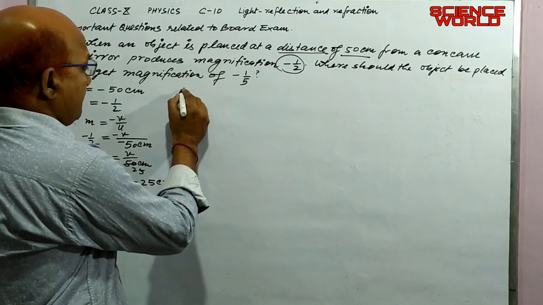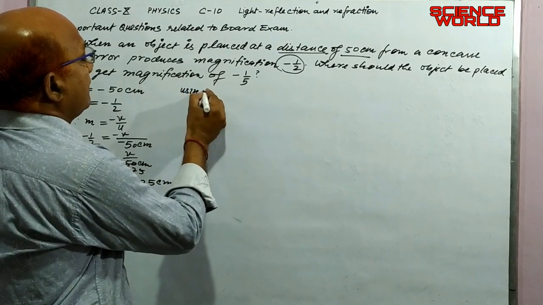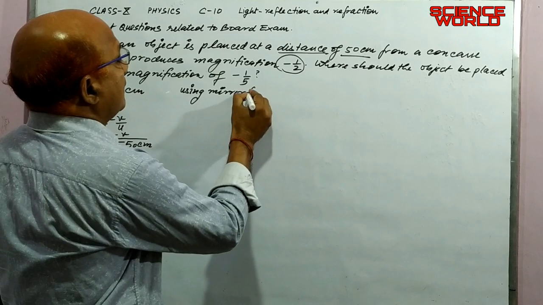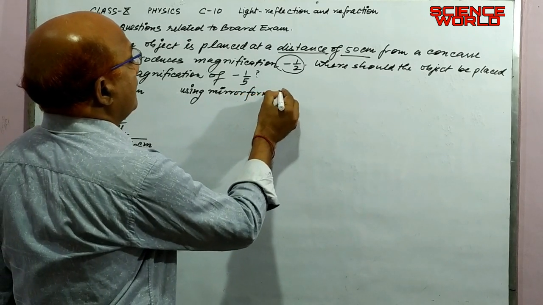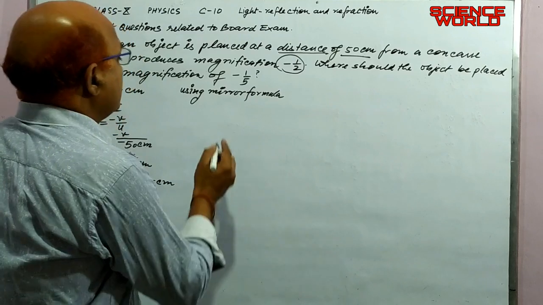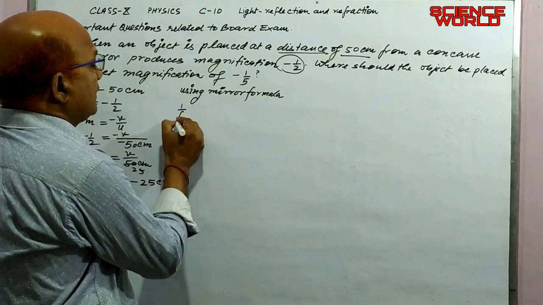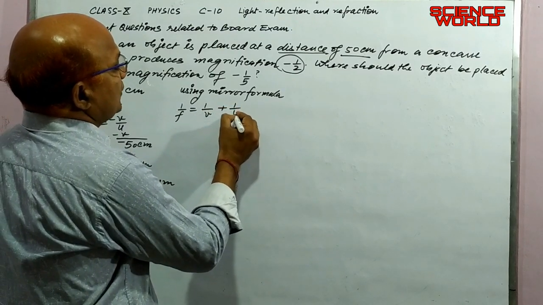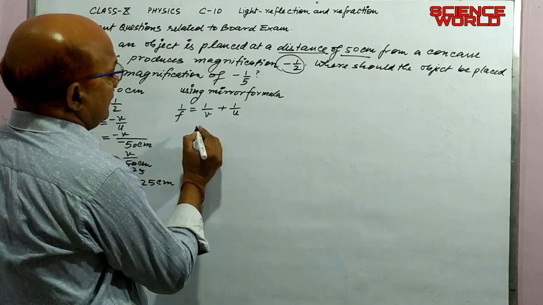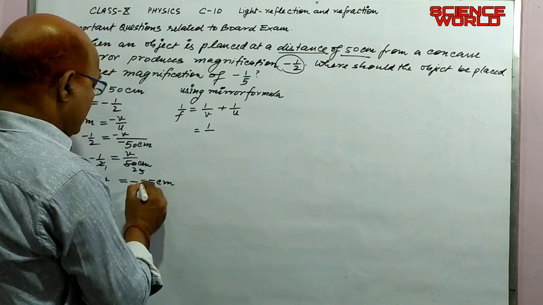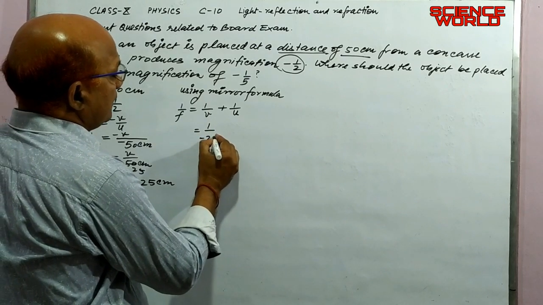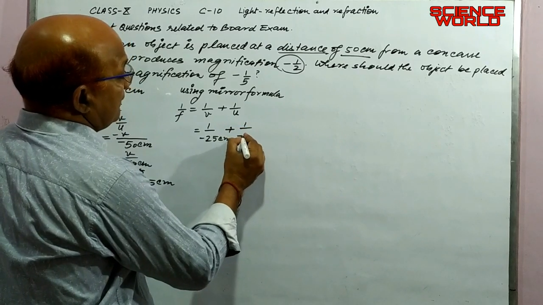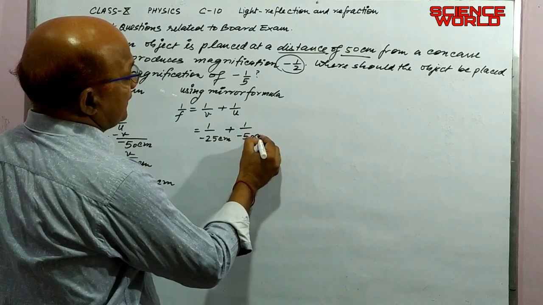So, using mirror formula, 1 upon f equal to 1 upon v plus 1 upon u, 1 upon minus 25 centimeter plus 1 upon minus 50 centimeter.